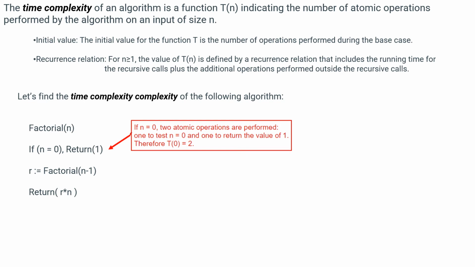So first of all, let's figure out what the initial value would be for this. That would be for the base case, when n equals 0. Let's count how many operations are done during this base case. Well, we would have two things being done. One would be to test to see if n really is equal to 0, and if it was, then we return the number 1.